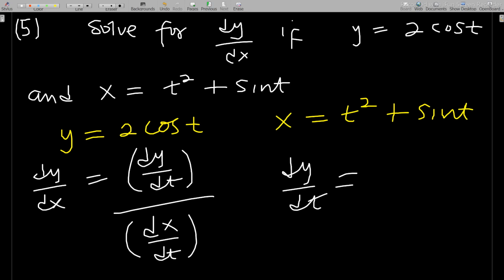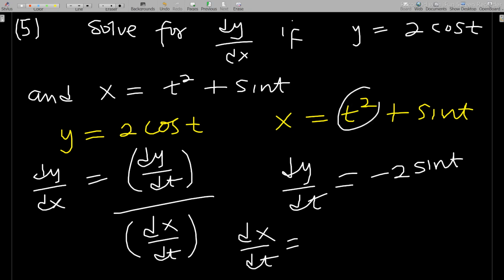We have just 2 there. When you differentiate cos, as we discussed in our first video on differentiating from first principles, you get negative sine. So dy/dt is minus 2 sin t. Then dx/dt, differentiating term-wise: differentiating t² you get 2t, and differentiating sin t you get cos t, so plus cos t.